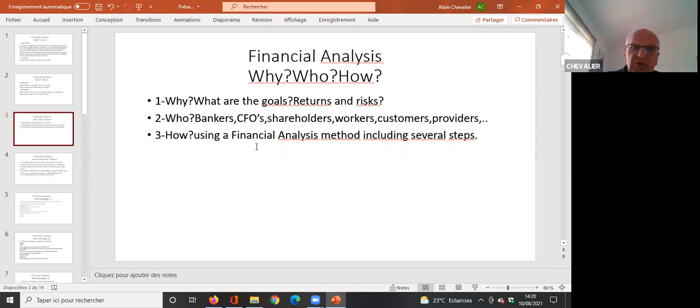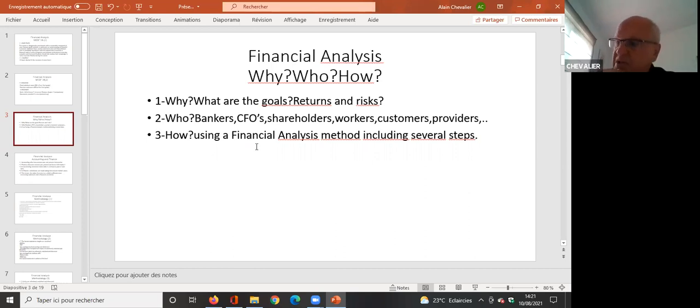So, in conclusion, financial analysis is a part of finance, it's a part of corporate finance, it's a part of market finance also. And even if it's not completely standardized, some elements are standardized, some questions are there in all the kind of financial analysis, like returns and risk analysis, even if they are not measured the same way.